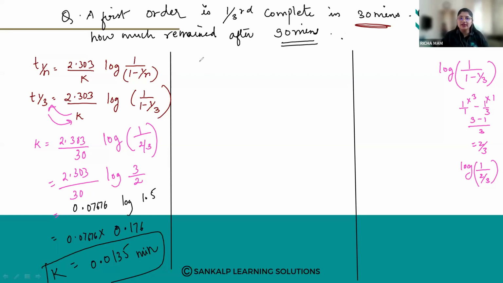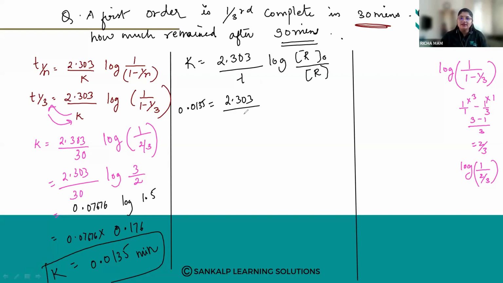We know that k is equal to 2.303 by t log of R naught by R. Here k is 0.0135, 2.303 by t, where t is 90 minutes, then log of, we have to find how much remained after 90 minutes. So R naught is 1, so log of 1 by R.